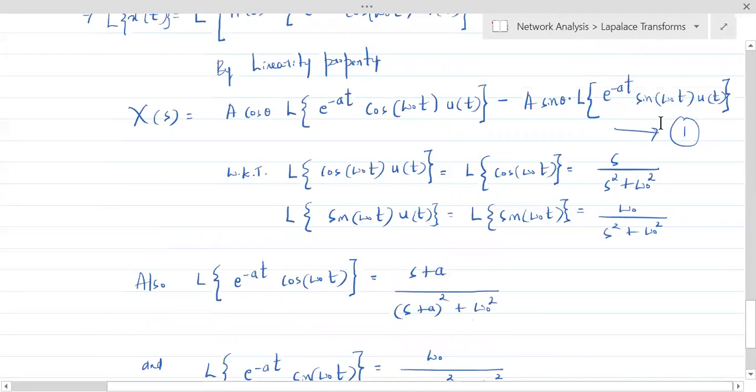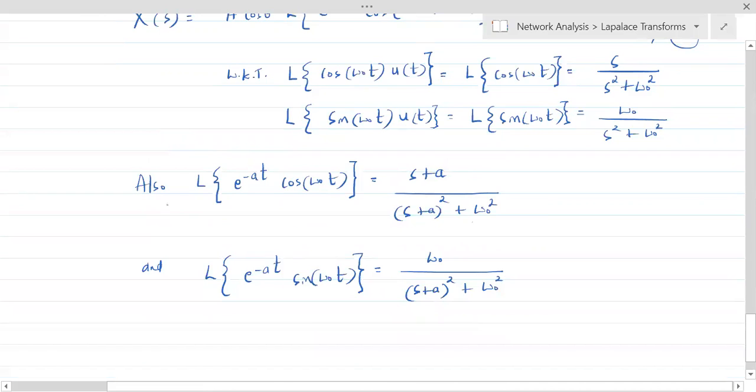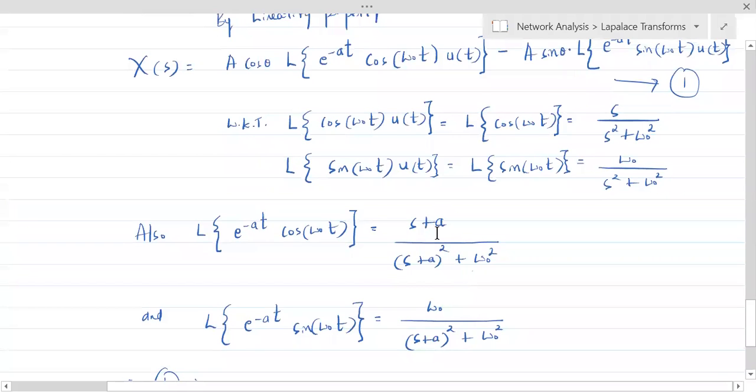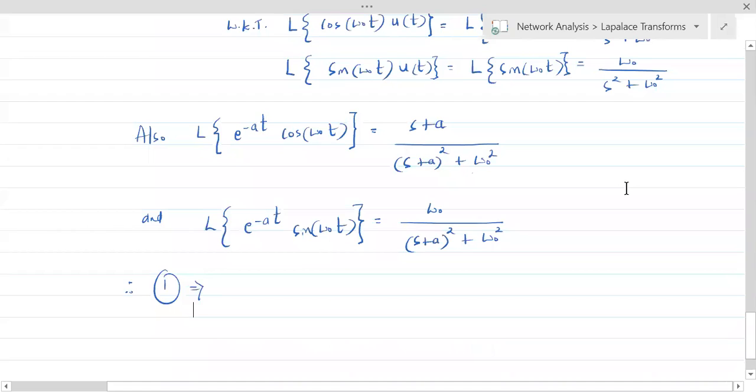Therefore, equation number 1 implies what? You have a cos theta and the Laplace transform of this. That means this needs to be brought in this place, and this needs to be brought in this place. So write that. How would equation number 1 look like?